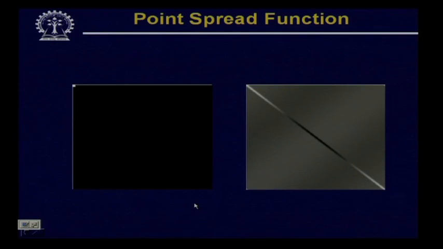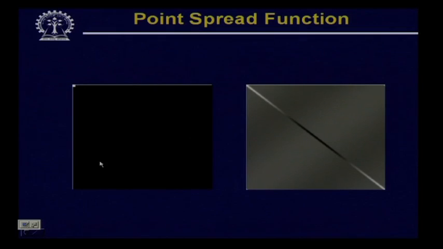What we have done is, again we have taken an impulse, and tried to find out what the point spread function will be if I employ this kind of motion blur. So, by using the same motion blur model, you blur this impulse, and what I get is an impulse response like this, which is the point spread function in this particular case.